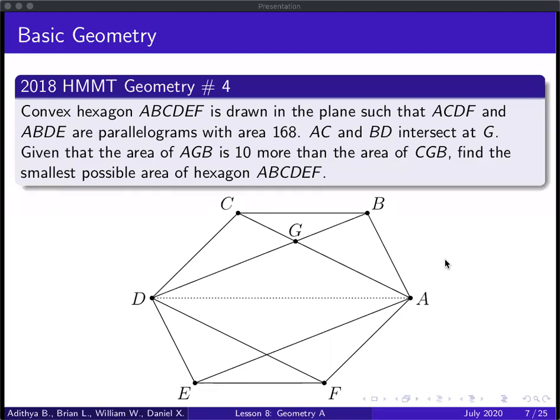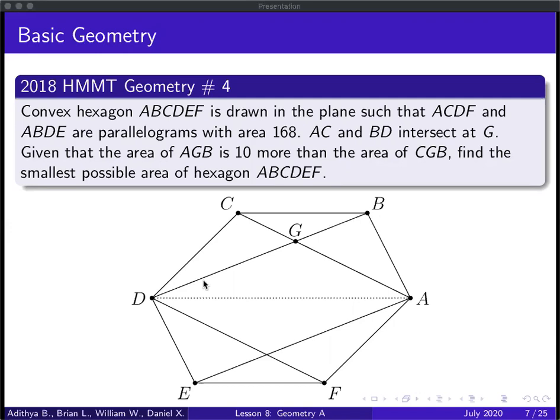All right, so we want to interpret what the question means, first of all. For example, in particular, what does that condition mean, that you have these two parallelograms, ACDF and ABDE? They're both parallelograms, and their areas are the same.